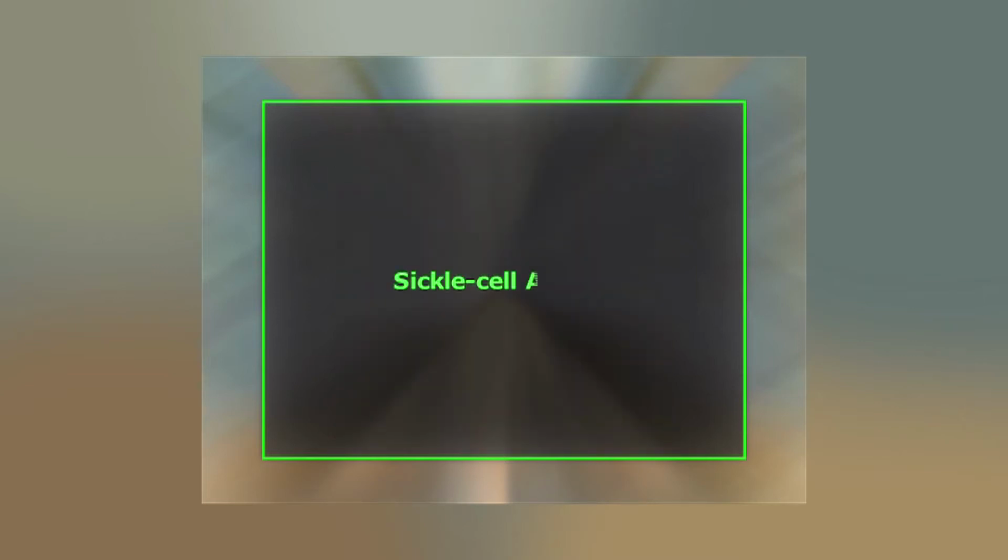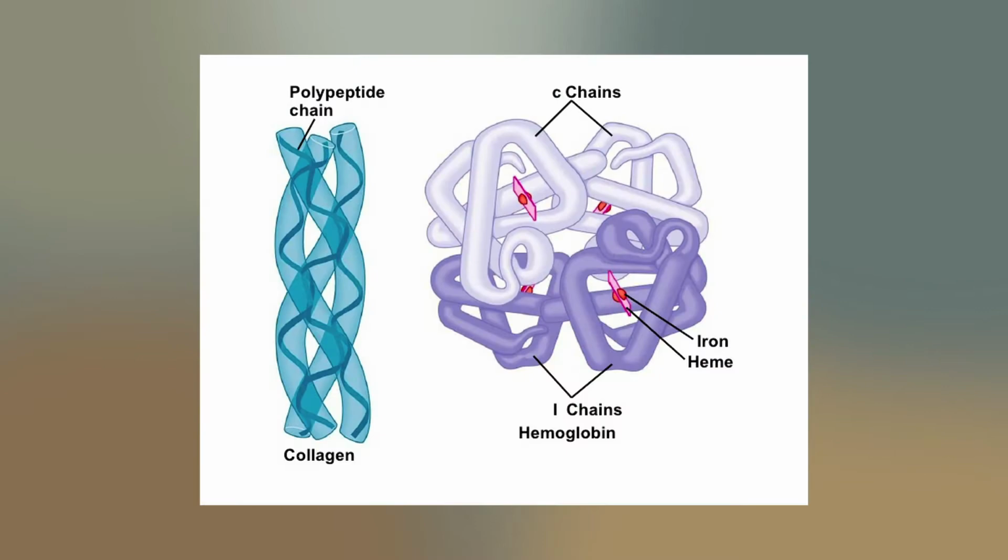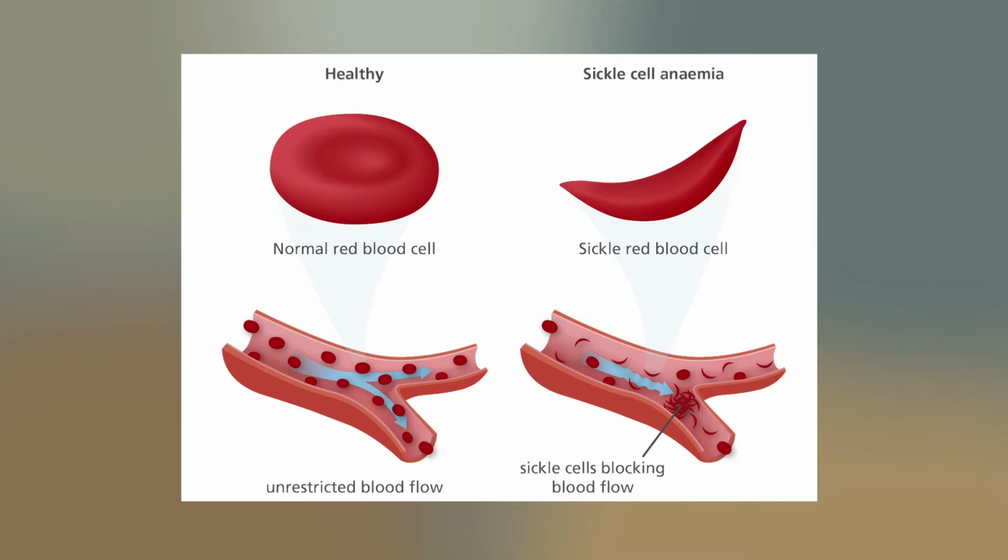The second example is sickle cell anemia. Sickling of erythrocytes occurs due to mutation in the beta chain of hemoglobin. It not only causes hemolytic anemia but also has the following phenotypic effects. Number 1, the sickled RBCs are destroyed by the liver, causing hemolytic anemia.